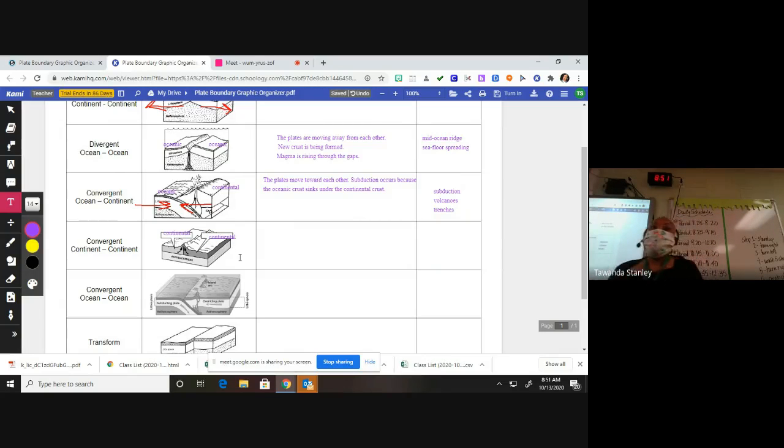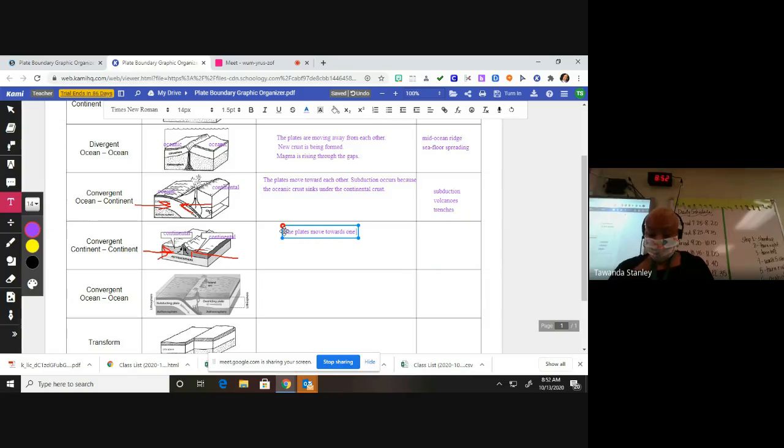Again, because we're still dealing with that convergent boundary, we're going to have our plates coming towards one another. All right. Our description, the plates move towards one another.